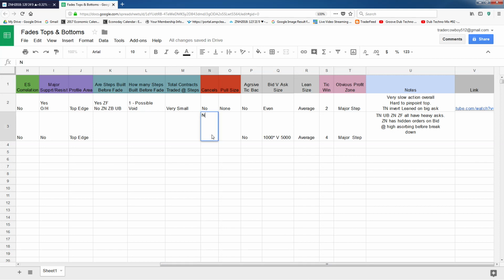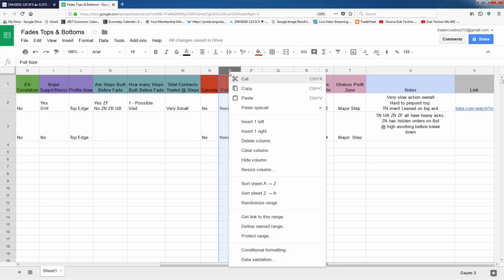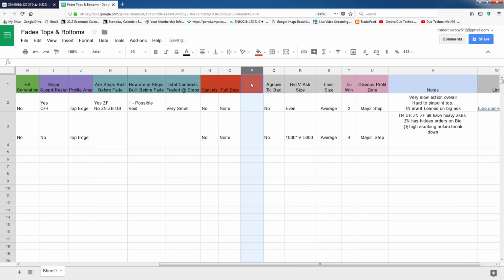Cancels, no. Pull size, none. Let's add a new column. Iceberg. Yes.